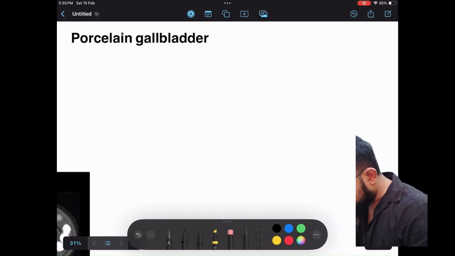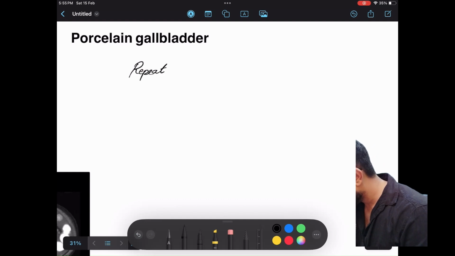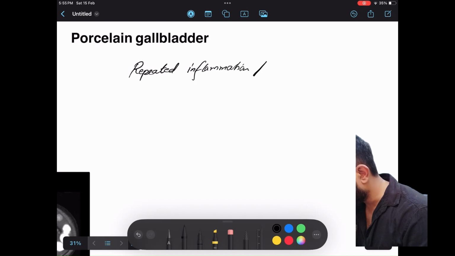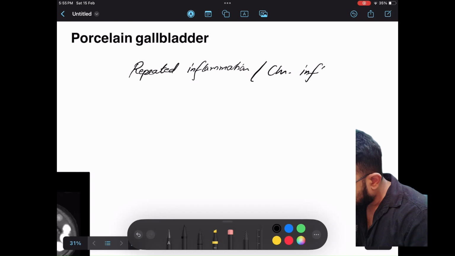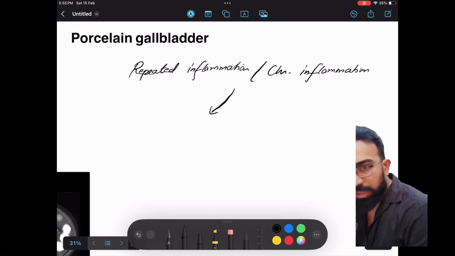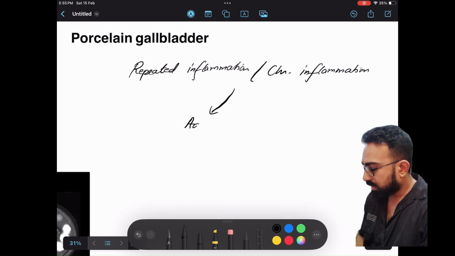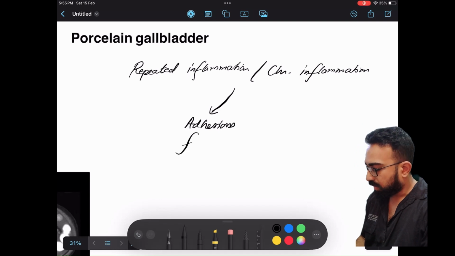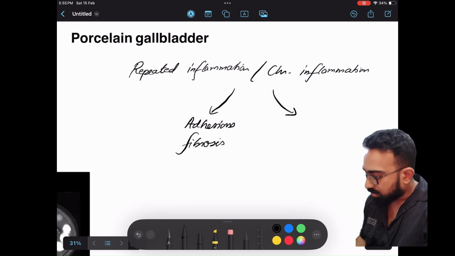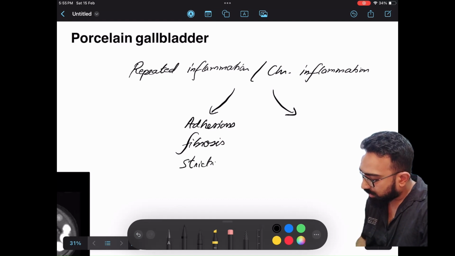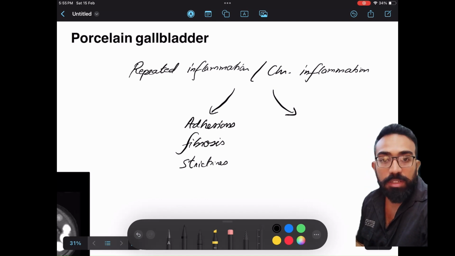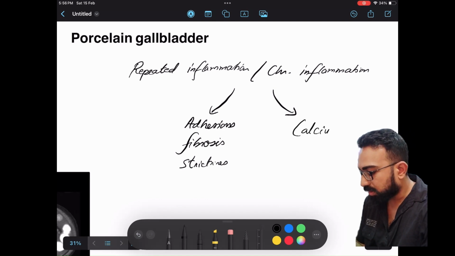Anywhere in the body, if there is repeated inflammation or chronic inflammation, the body's response is in many ways: adhesions, fibrosis, and many times strictures. Many times the response is by calcium deposition.